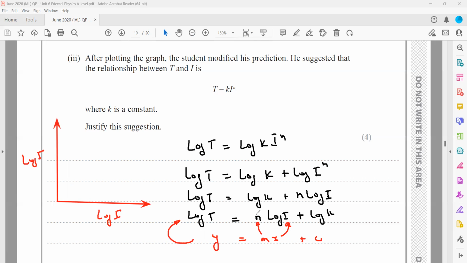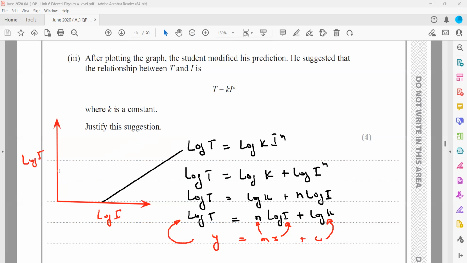The gradient will be constant, meaning it will be a straight line, but there will be a y-intercept as well. So this graph won't start from origin, it will start above origin, because it's a positive y-intercept. So it will start above on the y-axis. If it was a negative y-intercept, like if this value was negative, in that case the graph will be like this.